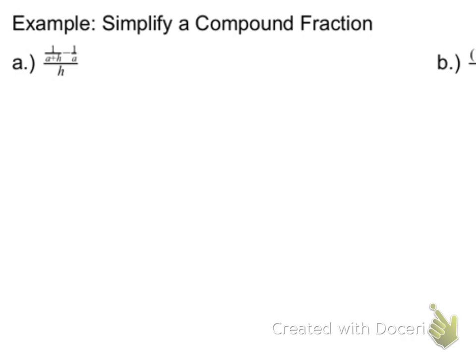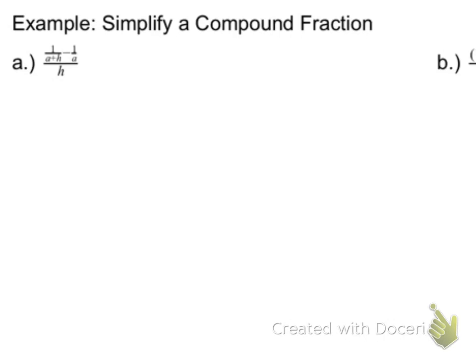So the first example we're going to deal with looks very much like problems you had to deal with in GeoTrig. So it's just 1 over a plus h minus 1 over a divided by h. So I'm looking at 4 fractions going on here.